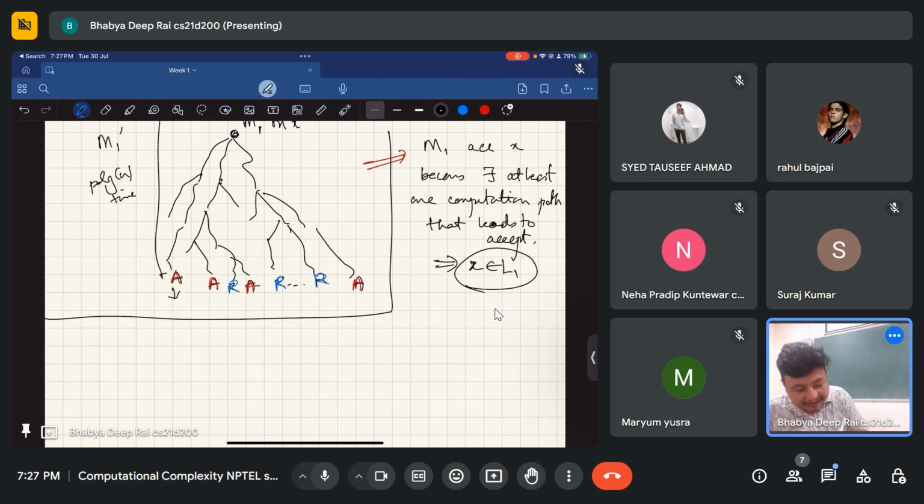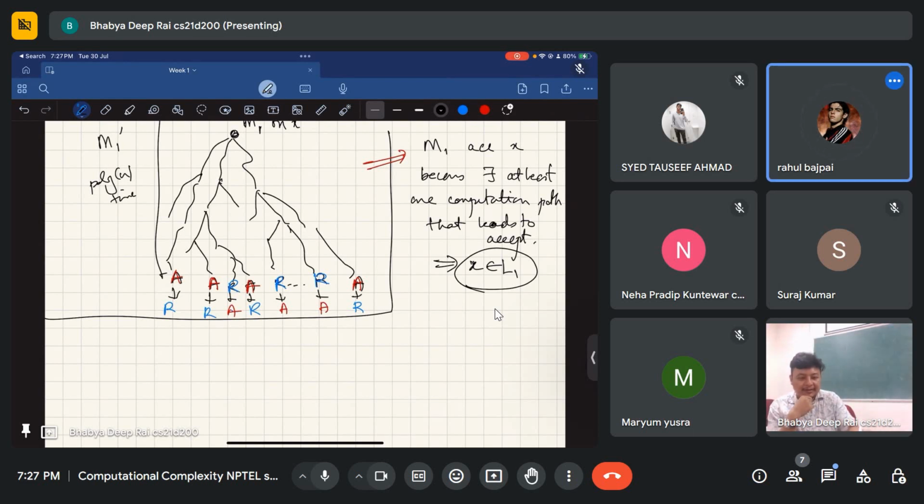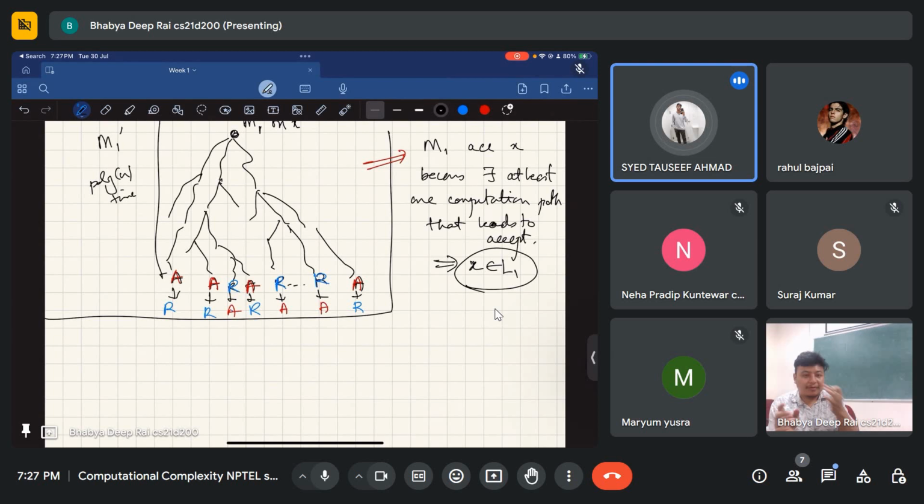This is what is happening. Getting it? We are complementing the output. Complement of the algorithm. Exactly.